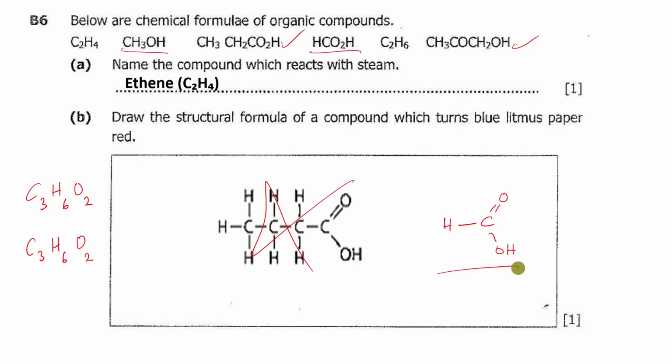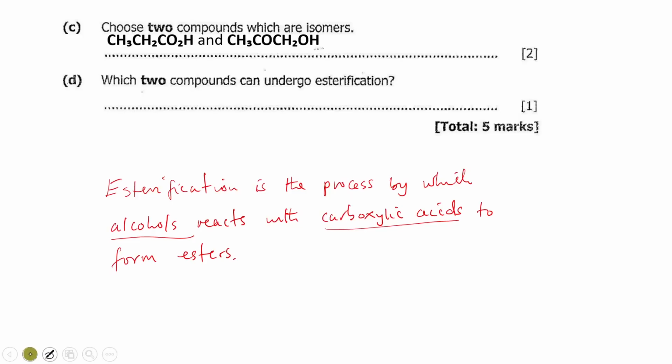It is this one, we already identified it. So it is this one and that one. So here we have to say this and that. I think this one, does it qualify to be a carboxylic acid? This one is an alcohol.